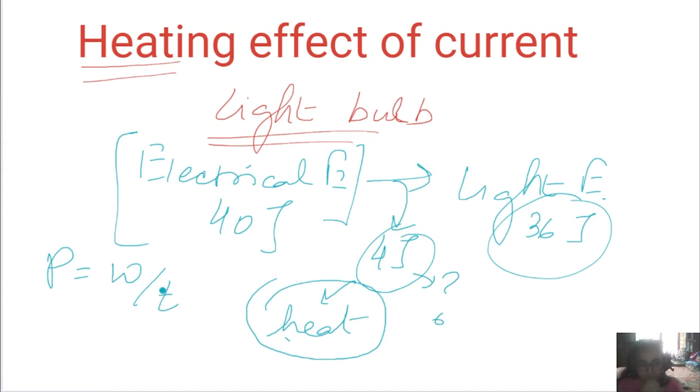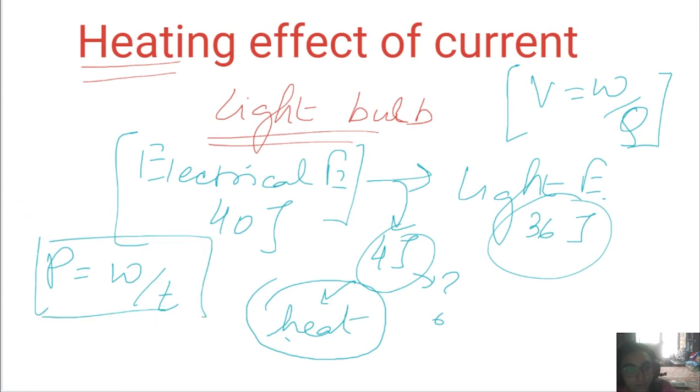Another thing we know is that potential is the work done to move a charge from one place to another. So this is formula number 1.